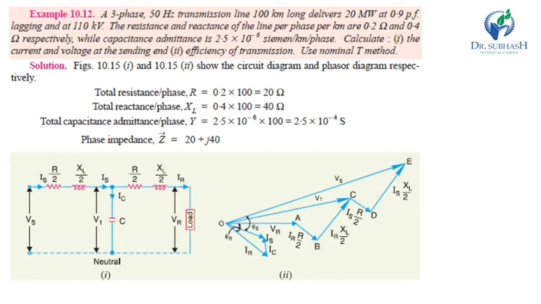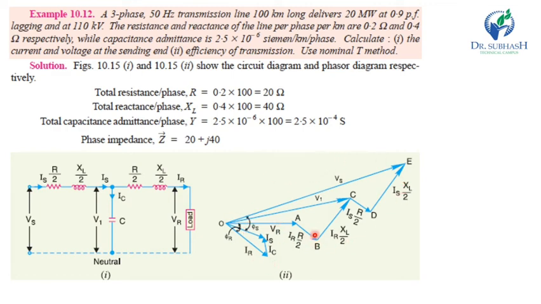Here is the same example we have seen. First of all, we draw the equivalent circuit, and then from the equivalent circuit we draw the phasor diagram as we previously discussed.